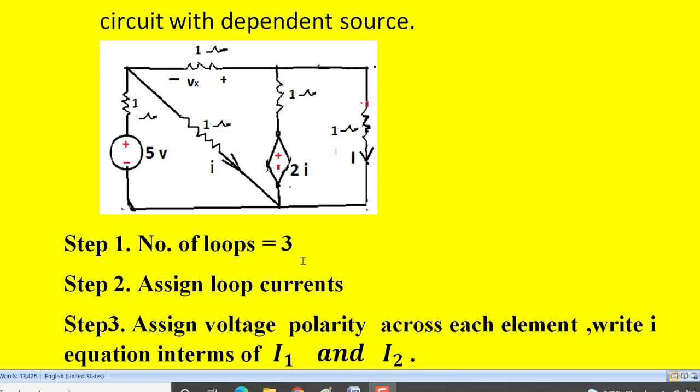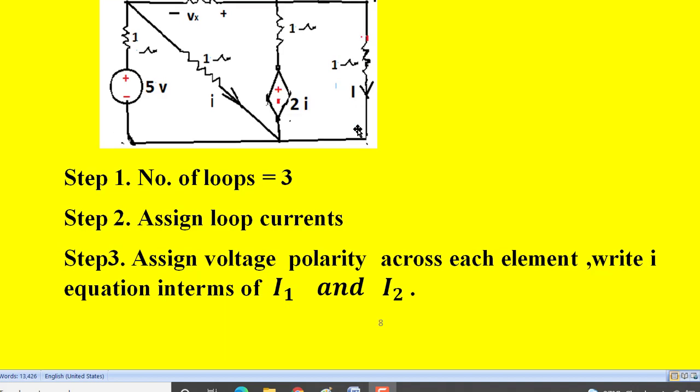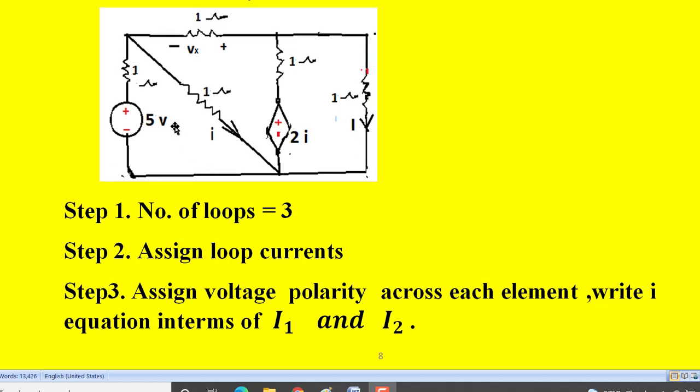Step 1 is to identify the number of loops. If you observe here, this is one loop, this is another loop, this is another loop. Totally there are 3 loops. Next, the second step is to assign the loop currents. Assign the loop current for this, similarly for this, for this. Then assign the voltage polarity across each element in the circuit.